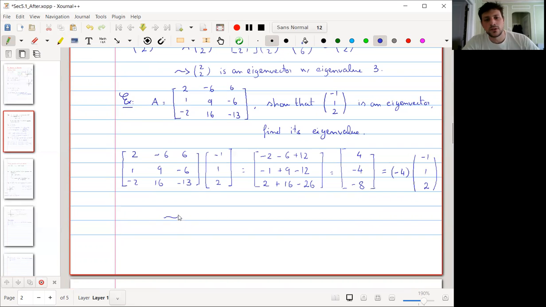In other words, the corresponding eigenvalue is -4. In the next few videos, we'll see how to compute eigenvectors when we know an eigenvalue. And then lastly, we'll see how to compute the eigenvalues of a matrix.